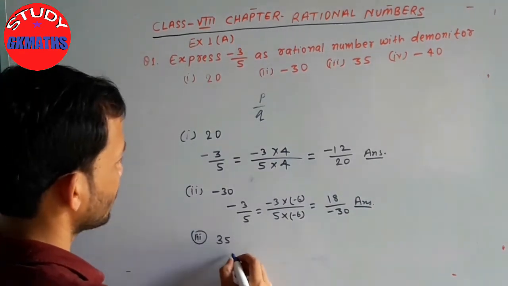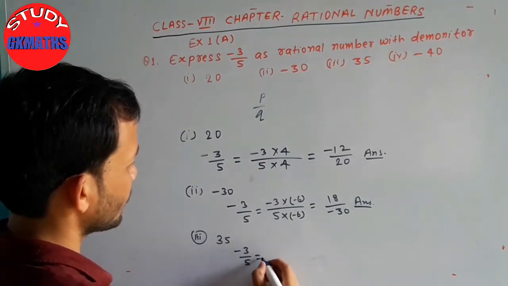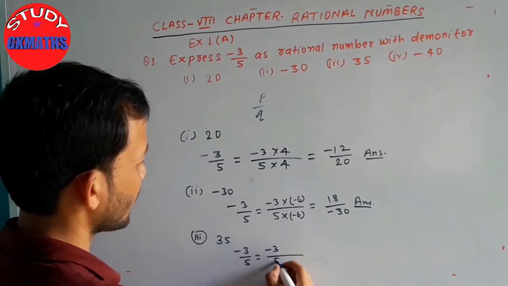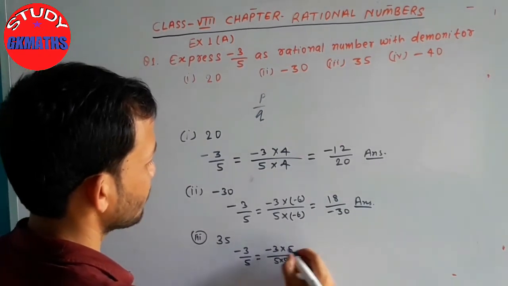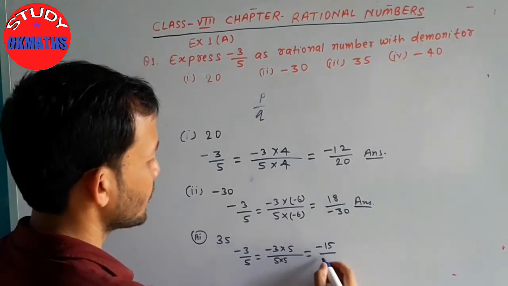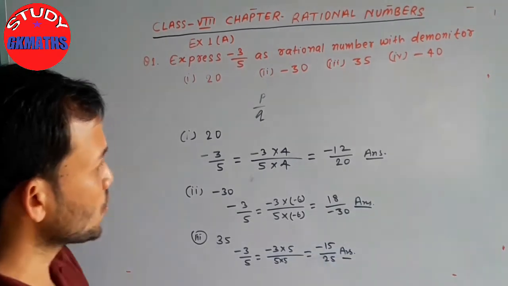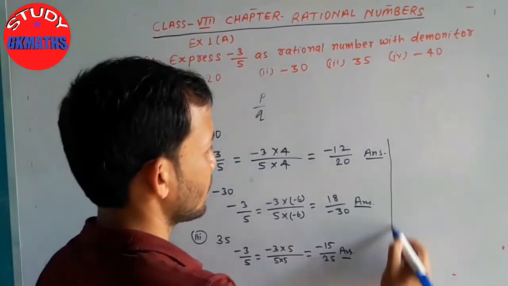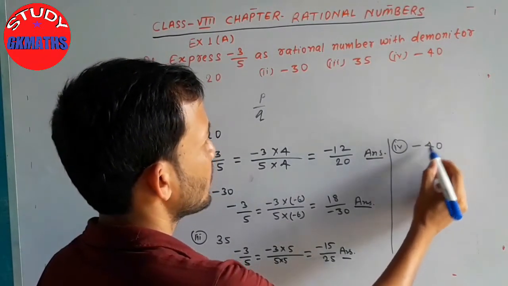And the next question is 35. Your rational number is minus 3 upon 5, equal to minus 3 upon 5 into 7. Result is minus 21 upon 35. Your result is here. And next is the fourth question. Your denominator should be minus 40.